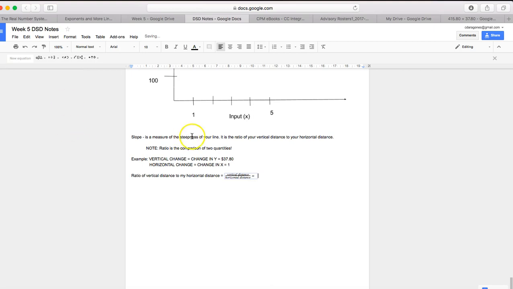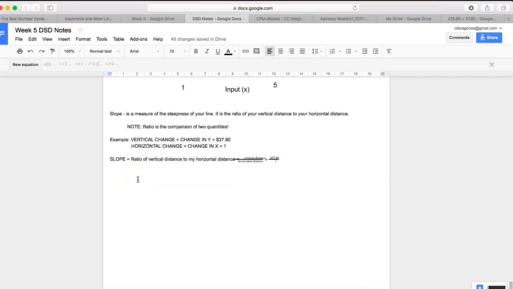We have our vertical distance is $37.80, and our horizontal distance is 1. So our slope is $37.80 over 1. Okay, so let me zoom in here so you can see all this and increase the size here.